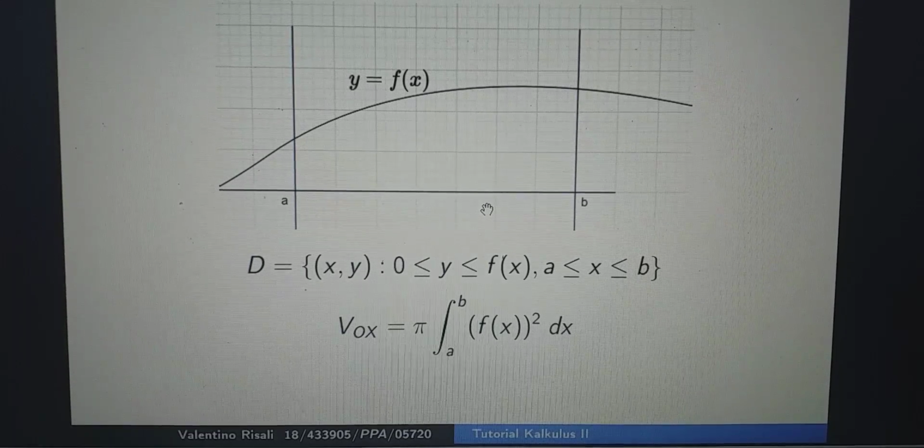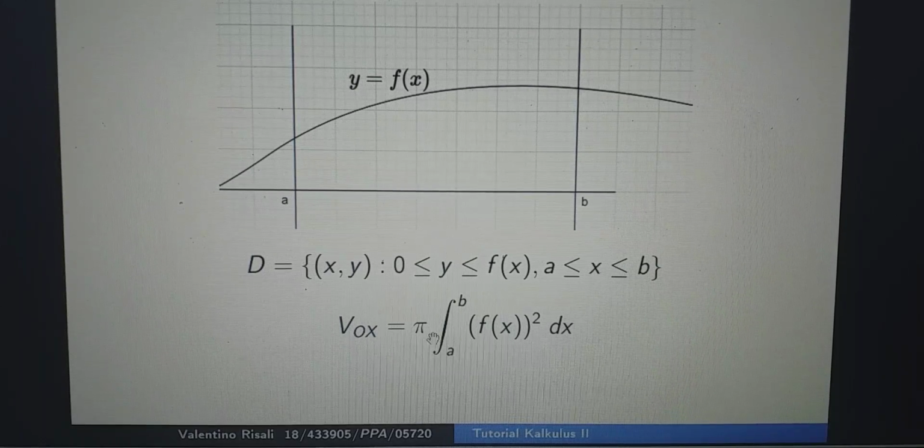Okay, and when we use this method, we find the volume of the region between the curve and the x-axis, and the formula is volume equals pi times the integral from a to b of f(x) squared dx.